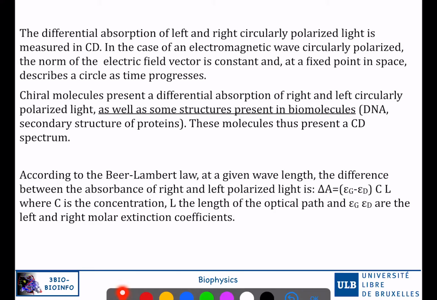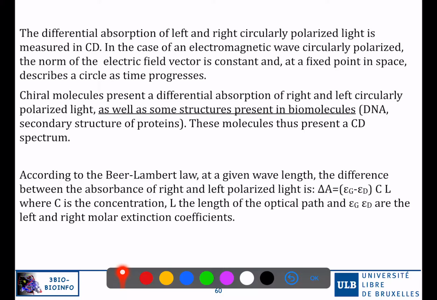Here you see that you have also the molar extinction coefficient, and this molar extinction coefficient is different for the right and the left polarized light. So here what you will measure is the difference in absorbance between the left and the right polarized light.